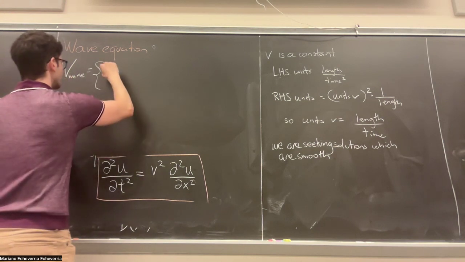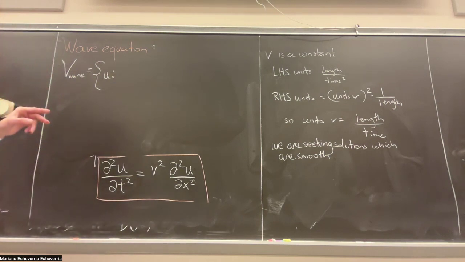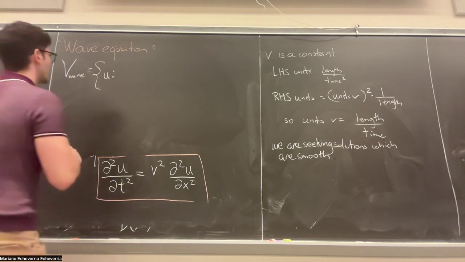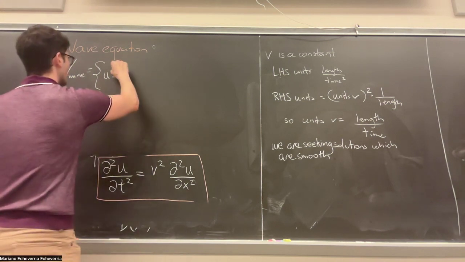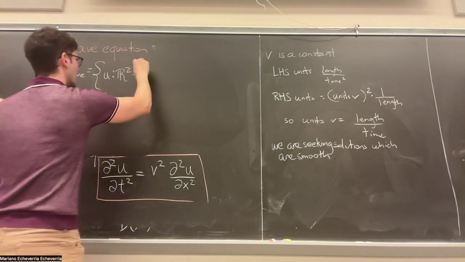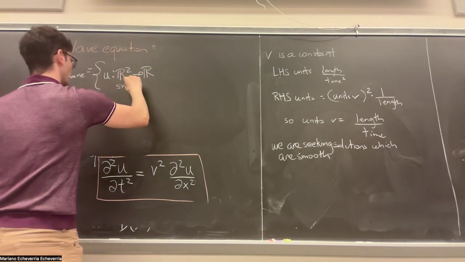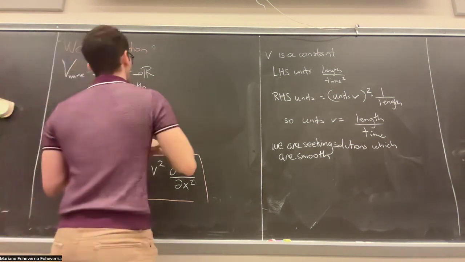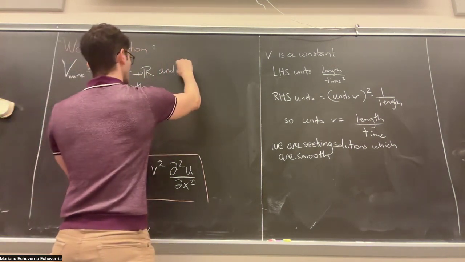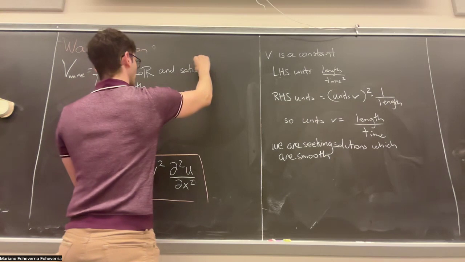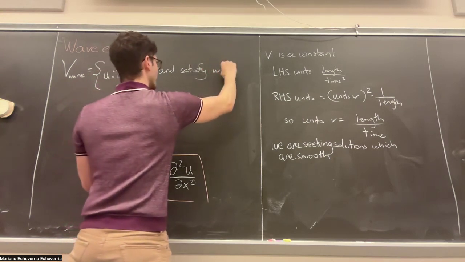The set consists of all functions u that depend on x and t, so you could think of them as smooth functions from R2 to R that satisfy the wave equation.